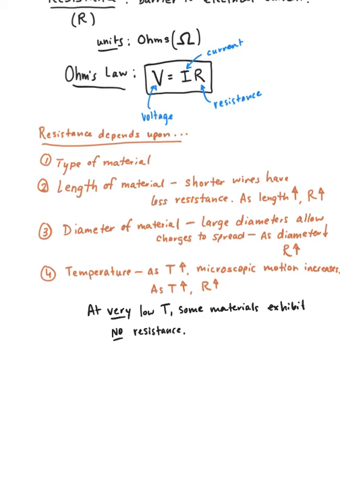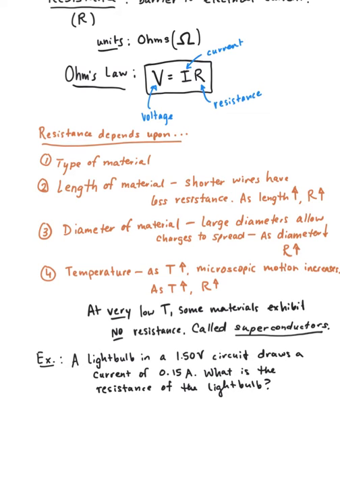That means that charges can move freely in these materials. We call these materials superconductors. They're capable of conducting electrical current without the inhibition of resistance.